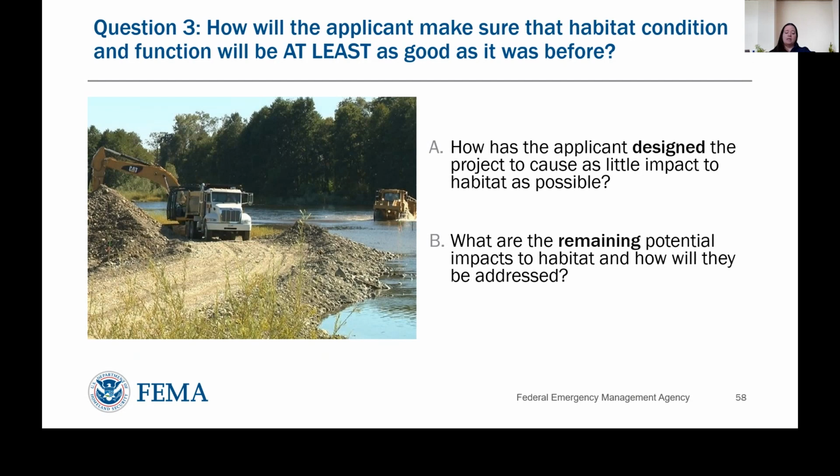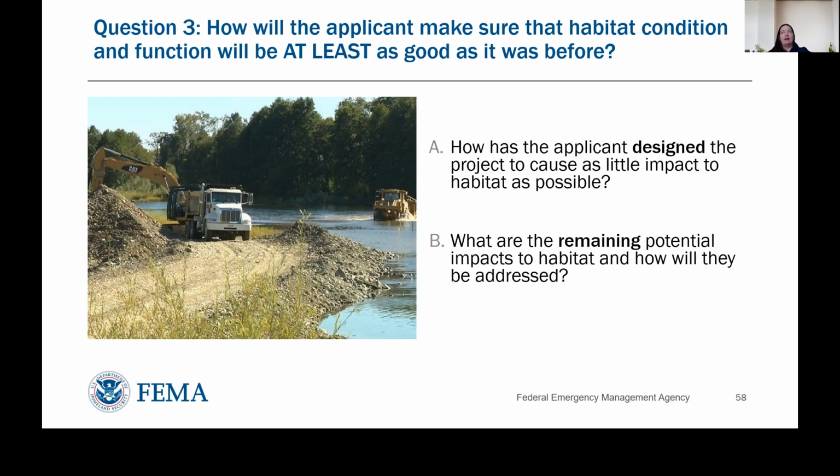It needs to be really clear that the applicant has considered habitat impacts in the design of their project, that that has gone into where they're placing things and how much is going in there. So there needs to be an explanation of how that's been part of the design of the project, and then whatever remaining potential impacts after they've thought about those things, and how they will be addressed, is the other part of that.